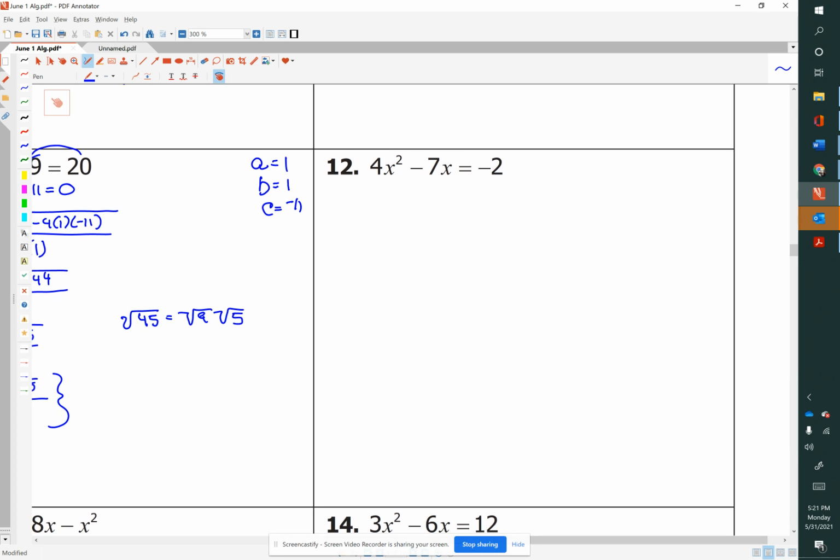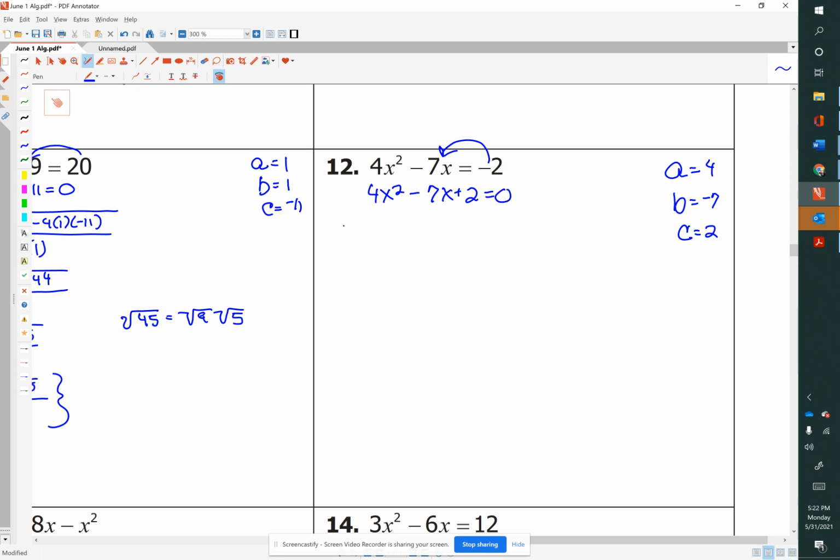So let's rewrite number 12. We have to move the -2 over. So that would be 4x squared minus 7x plus 2 equals 0. And our A value is 4, our B value is -7, and our C value is 2.